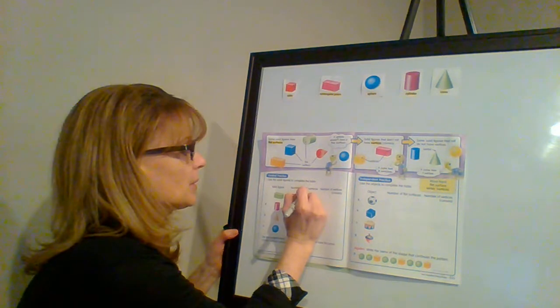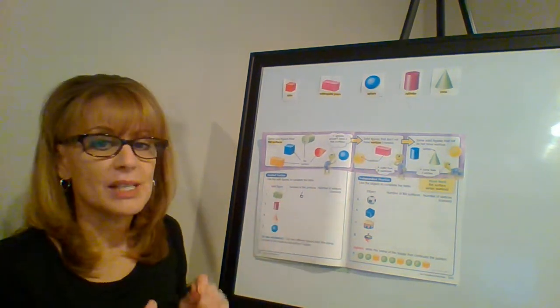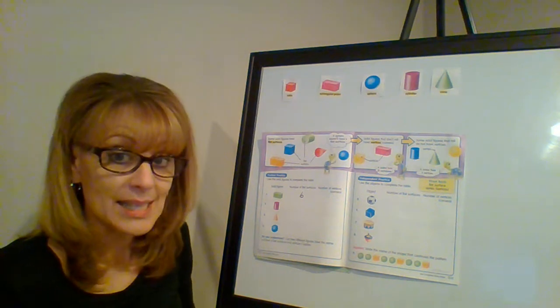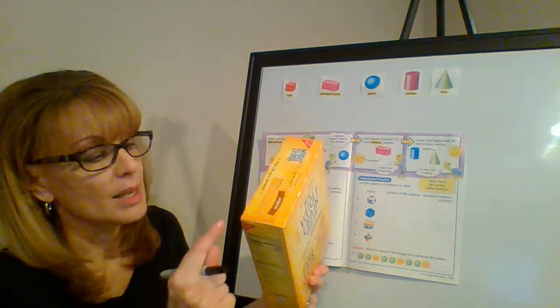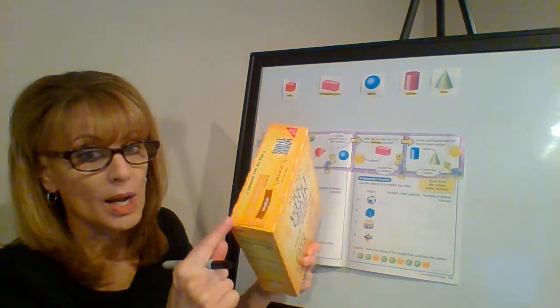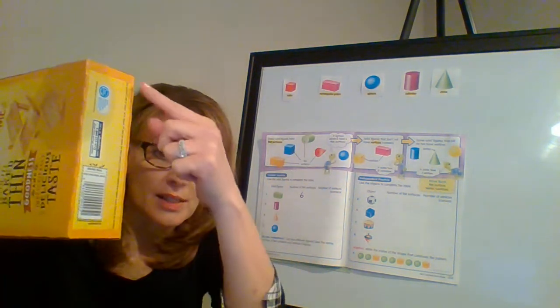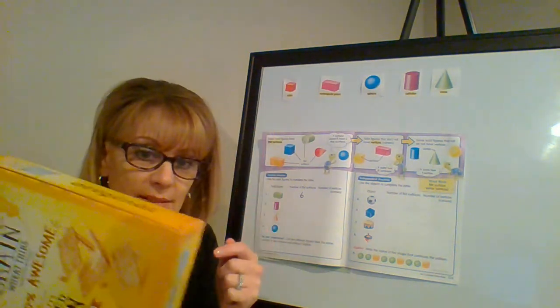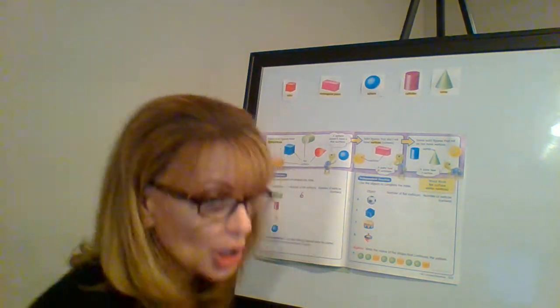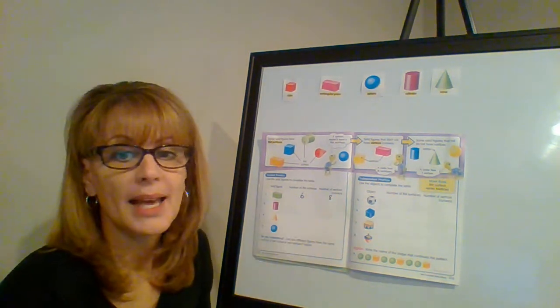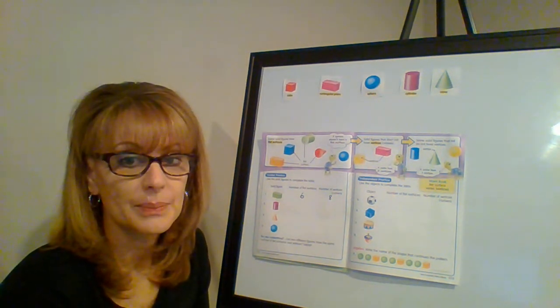A rectangular prism and a cube have the same number of flat surfaces and the same number of vertices or corners. Because look, we have the 1, 2, 3, 4. And when we turn it over, we have 5, 6, 7, 8. So just like the cube, the rectangular prism has 8 vertices.